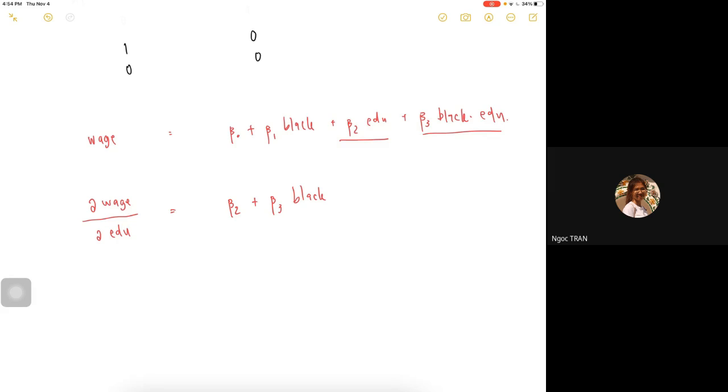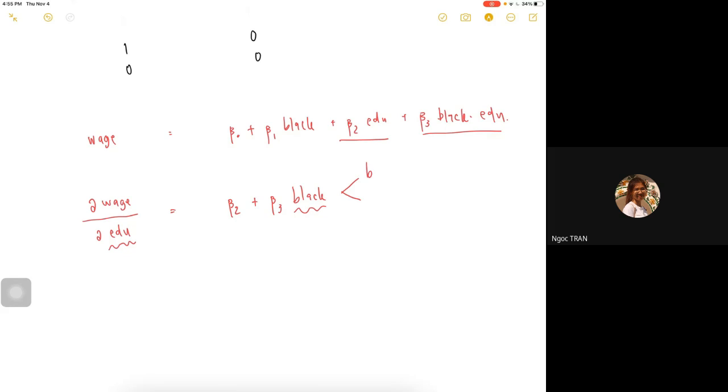Do you have any question about it? So we just take the derivative with respect to the education level, right? It means that if the education changes, the effect also depends on the race of the individual, right?